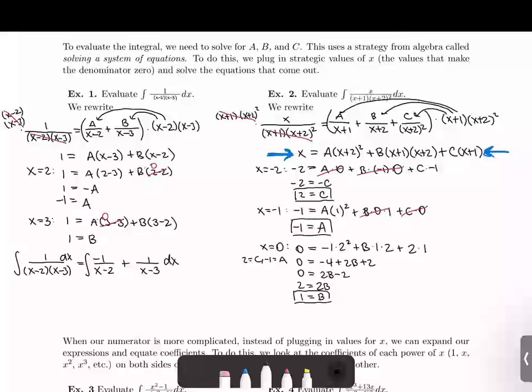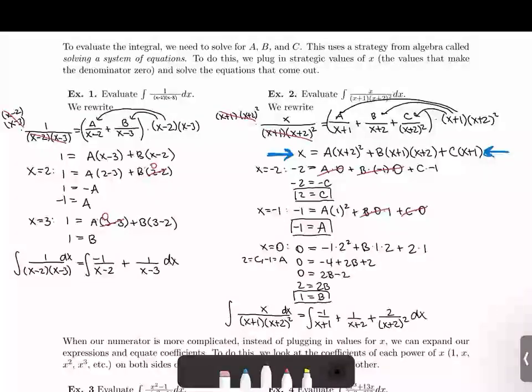So just like before, I can rewrite my initial fraction as -1 over x plus 1 plus 1 over x plus 2 plus 2 over x plus 2 squared. Remember that our goal here is to integrate.